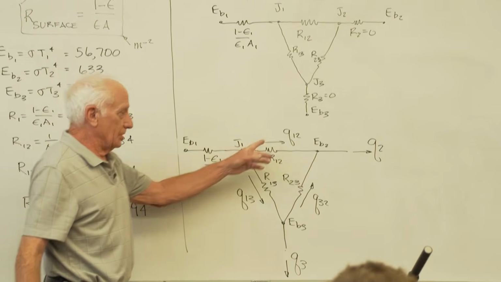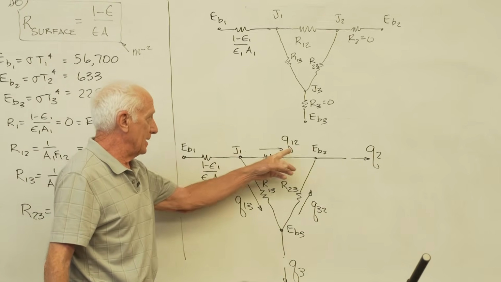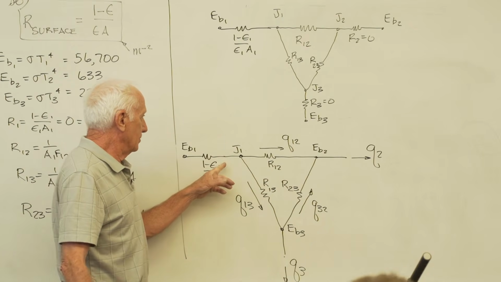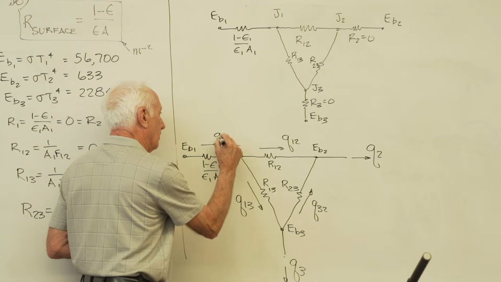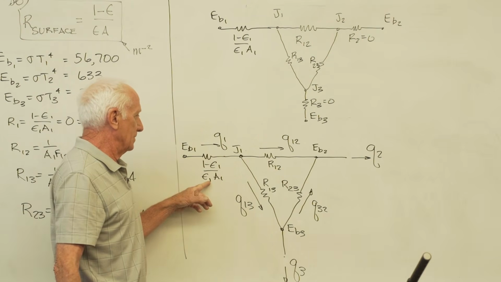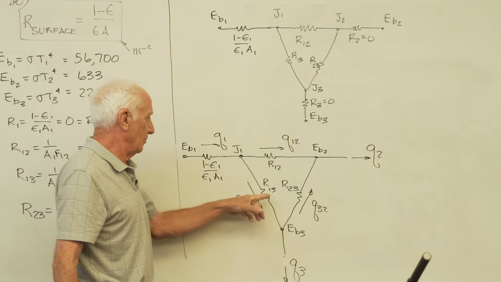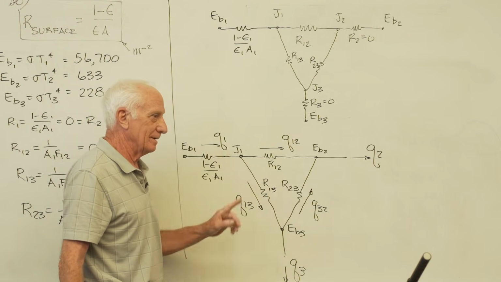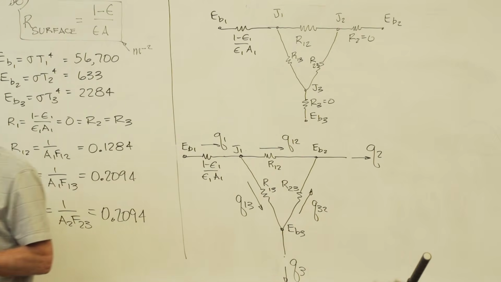What's Q12? J1 minus EB2 divided by R12. What's Q1? EB1 minus J1 divided by this. What's Q13? J1 minus EB3 divided by that. Conclusion: I can't get those Q's unless I know that J.